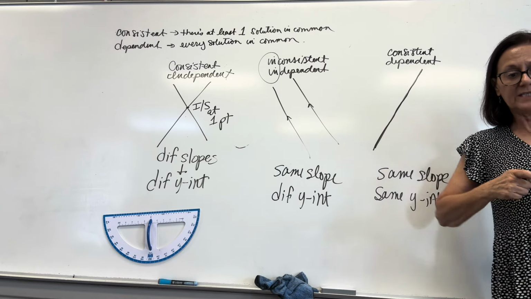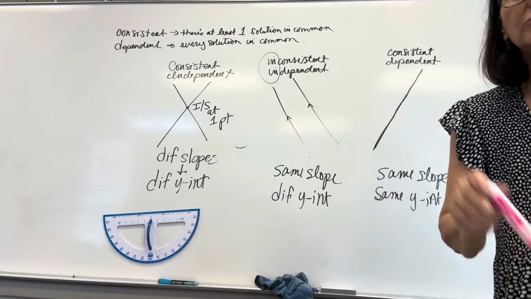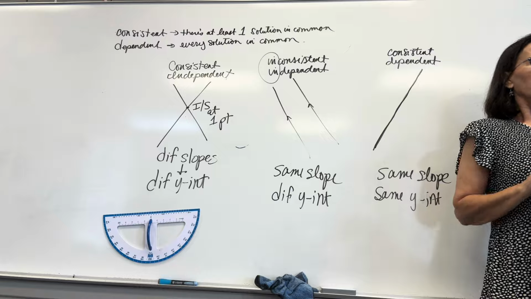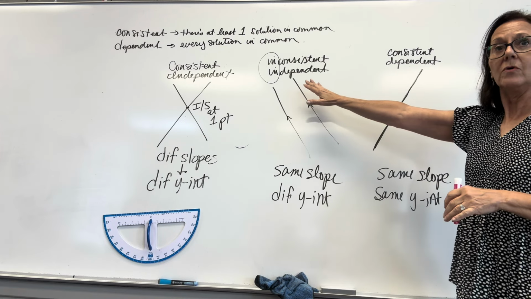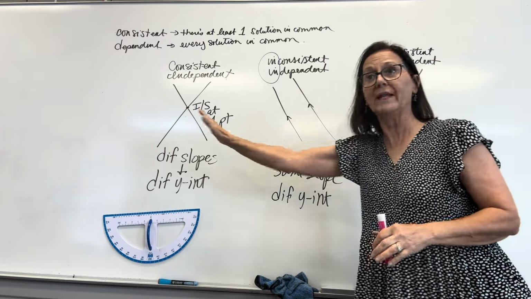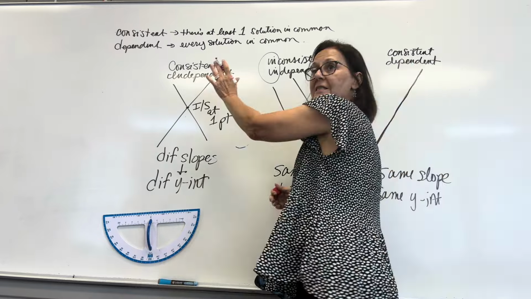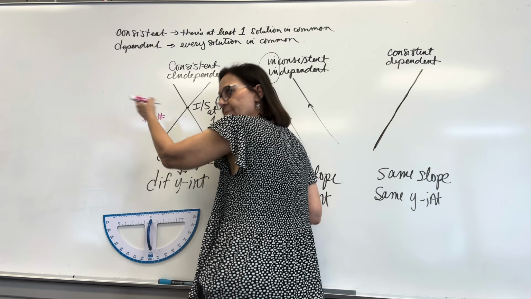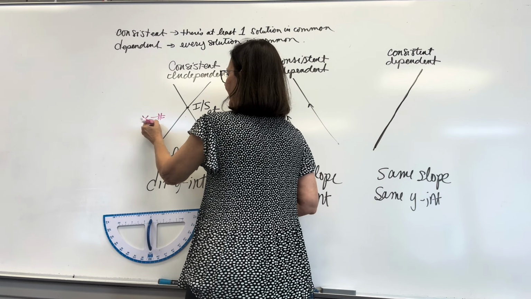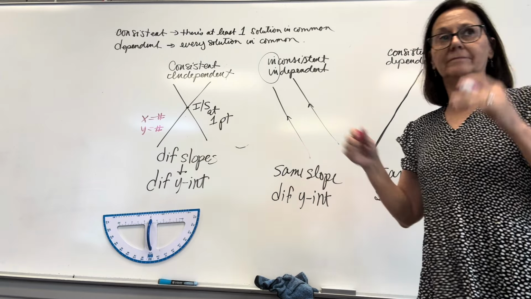I want to clue you in on something. If you go to use substitution or elimination, we can know which one it is. All right. For consistent and independent, you're going to get x equals a number. You're going to substitute that back in, and you're going to get y equals a number. That's all we did last year.